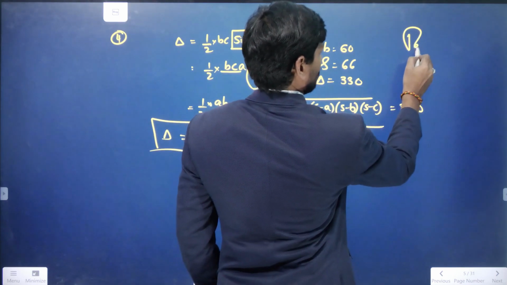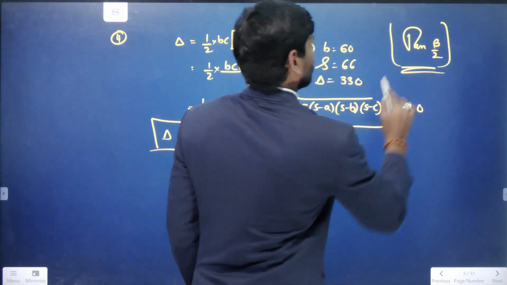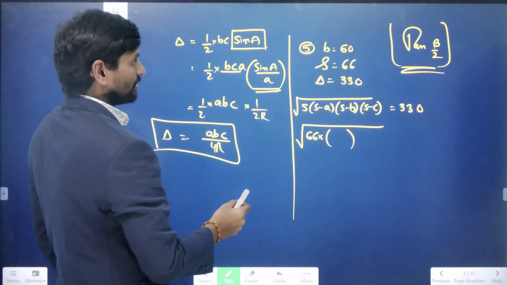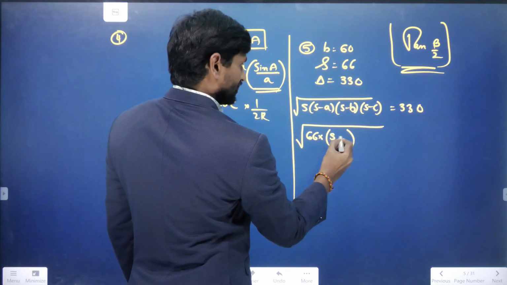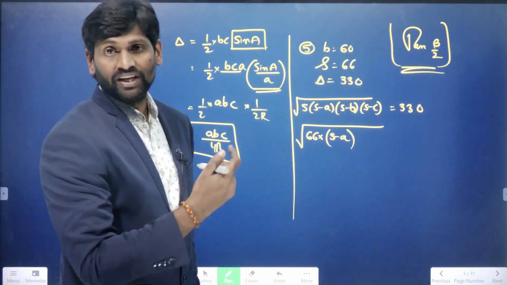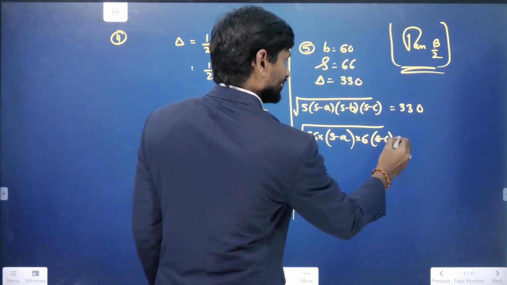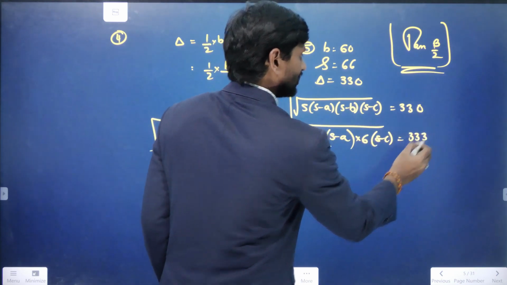So the B value we got. What is the B value? 60. S minus A as it is. B value 60, S value 66. 66 minus 60 is 6, into S minus C is equal to 330.